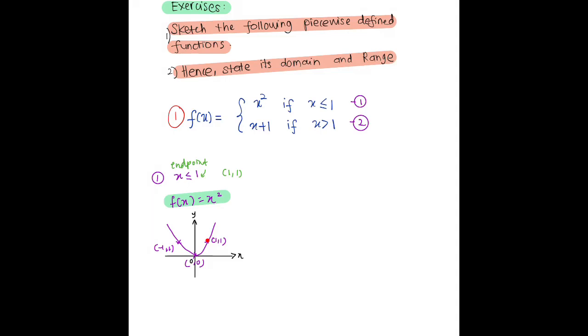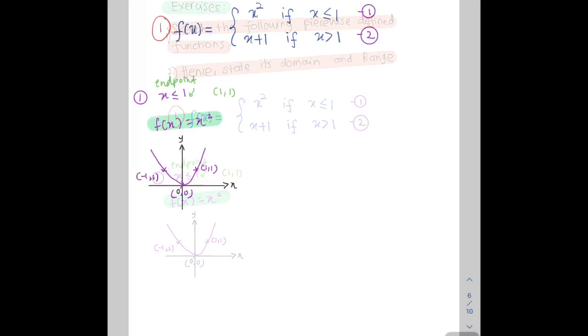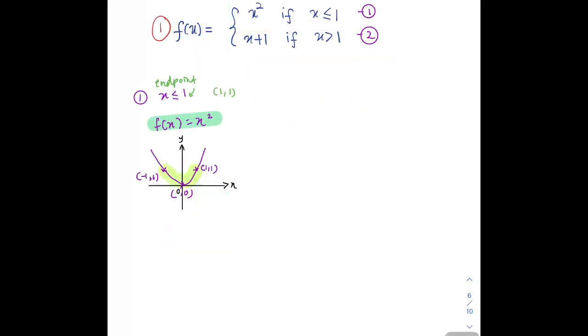What we want to take from this graph is just x less than or equal to 1. So let me highlight for you. We just want this graph here, and at the endpoint, it can be included.